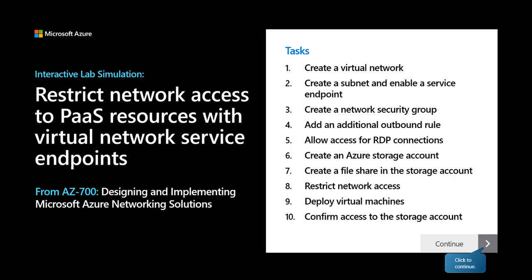So we're gonna create a virtual network, then create a subnet and enable the service endpoint, then create the NSG and add an additional outbound rule, then allow the RDP connection, then create the storage account, then create a file share in your Azure storage account, then go back to restrict the network access, then deploy maybe two virtual machines, then confirm the access to the storage account, and join the VM to check the access. So let's go through that.